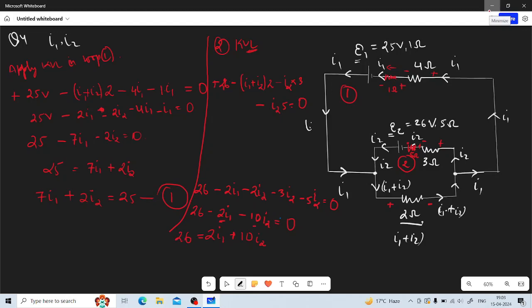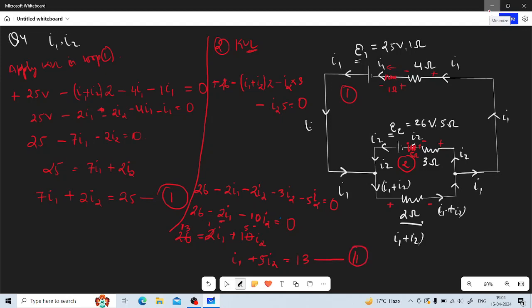So I can cancel it by 2. 2 1s are 2, 2 5s are 10, and here we have 2 13s are 26. So this becomes I1 plus 5 times I2 equal to 13. Okay, this is equation 2.